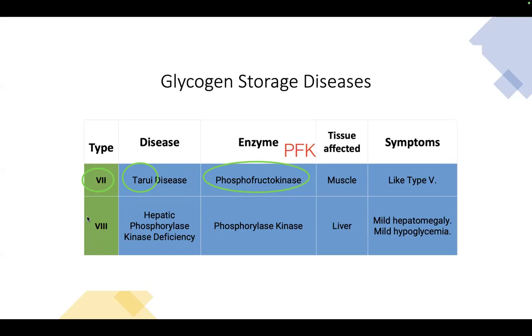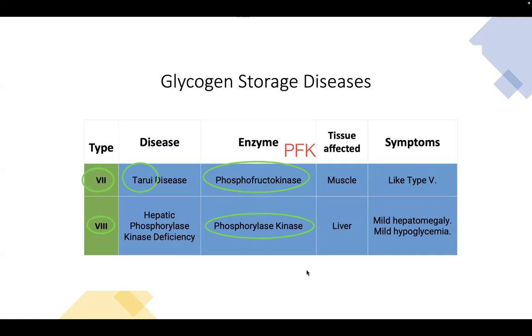Then we have type 8, which is phosphorylase kinase. So Tarui, type 7, phosphofructokinase. Type 8, that's phosphorylase kinase.